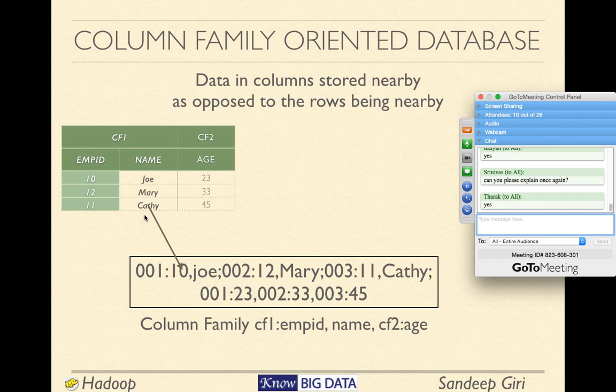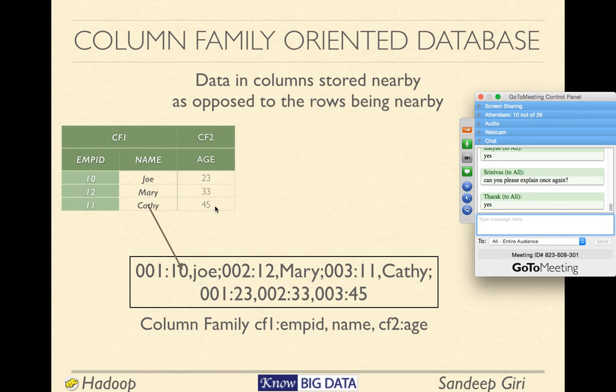While data in CF2 will be stored after this has been saved, which means after we have finished writing 11 Kathy, then we'll write 23, 33, 45. So this is how the data gets stored in a column family oriented database.